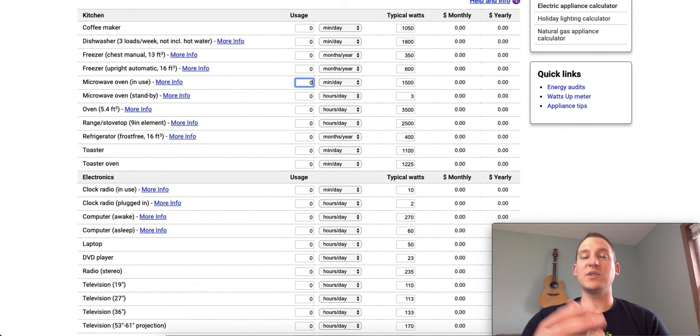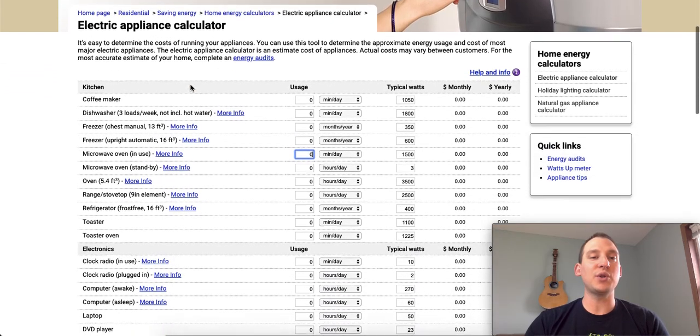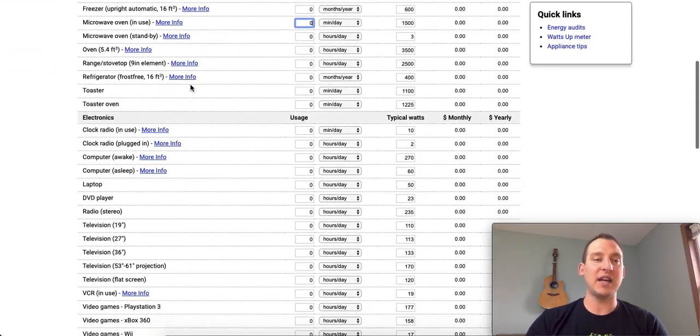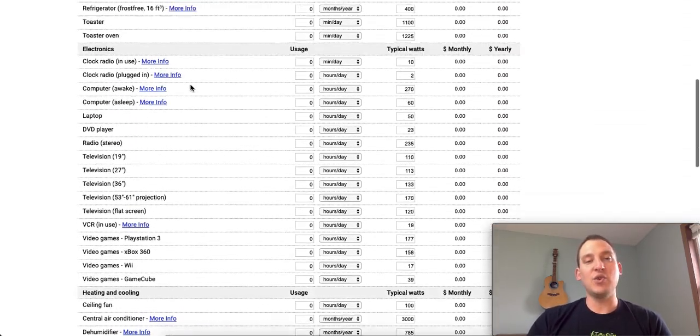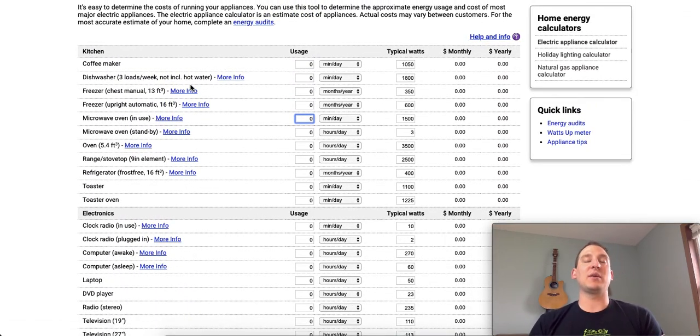So what we're going to do is, you saw that link and it takes you to this website right here. And as you go through, you can see a bunch of different appliances, items, tools, whatever they may be, that you use or you may use in your house on a regular basis.